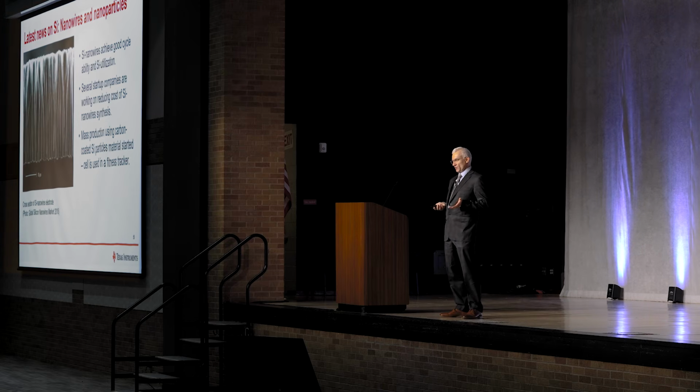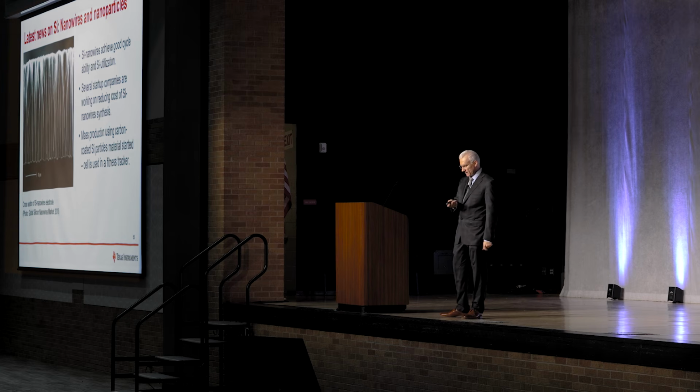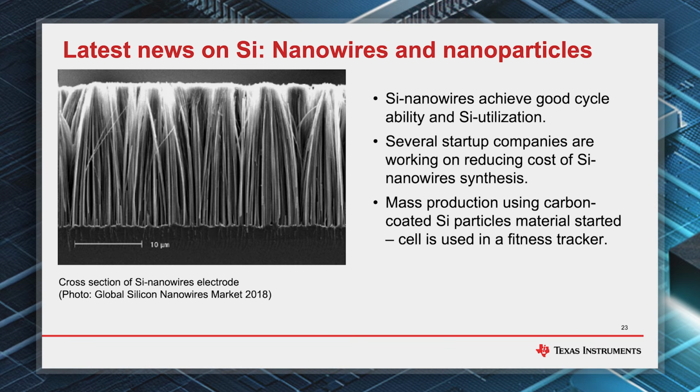So what approaches are different startups taking to solve this expansion problem? One approach is to grow nanowires. There are several startups that are already in sample production with nanowires. They moved from growing this extreme picture like here to really growing perfect nanowires on top of some solid material. It turned out to be not practical.